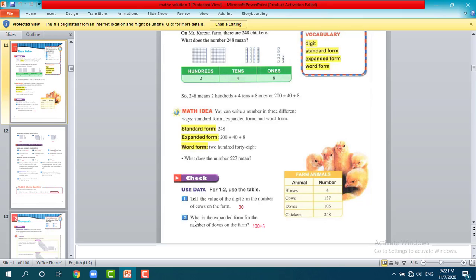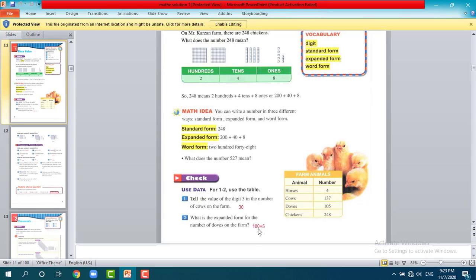Now in equation 2, write the expanded form for the number of doves on the farm. Students, we have 105 doves. It's written in standard form. Now we are changing this form to expanded form. First we write the 100 and we have 1 in 100, then we write 1 adding 2 zeros because it's 100.